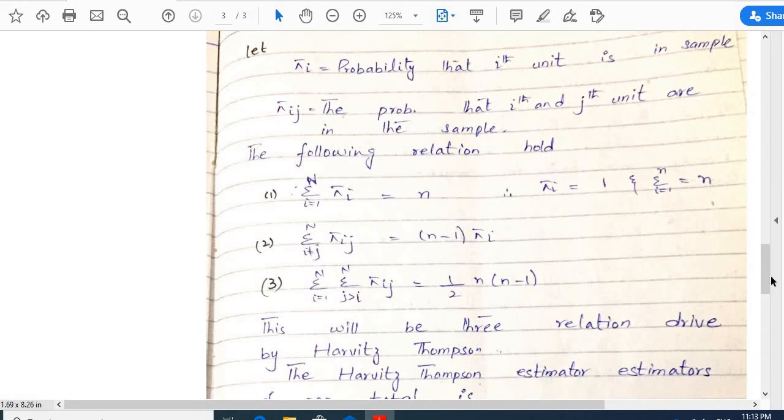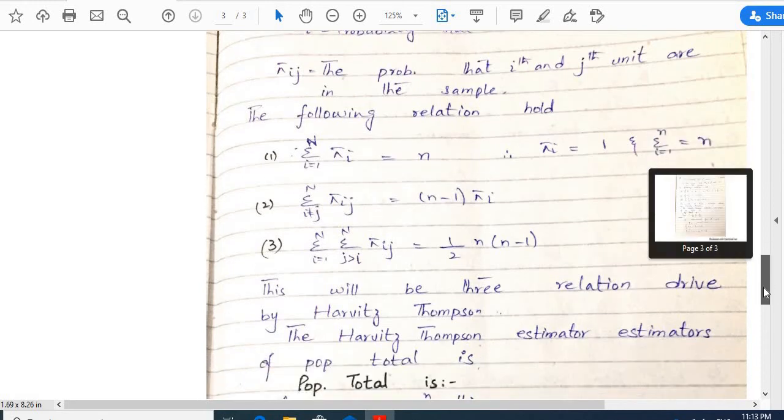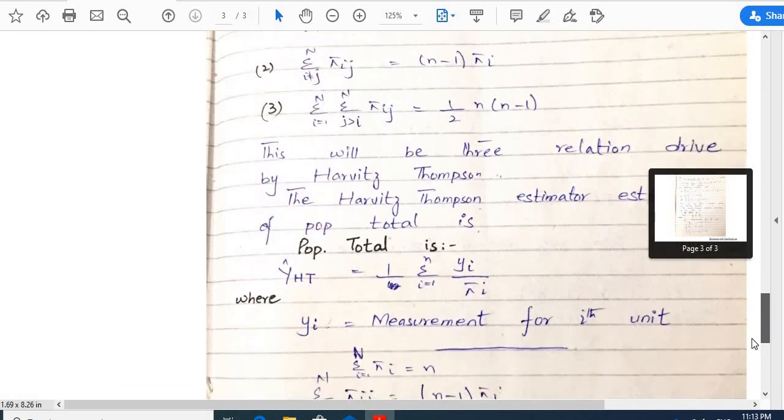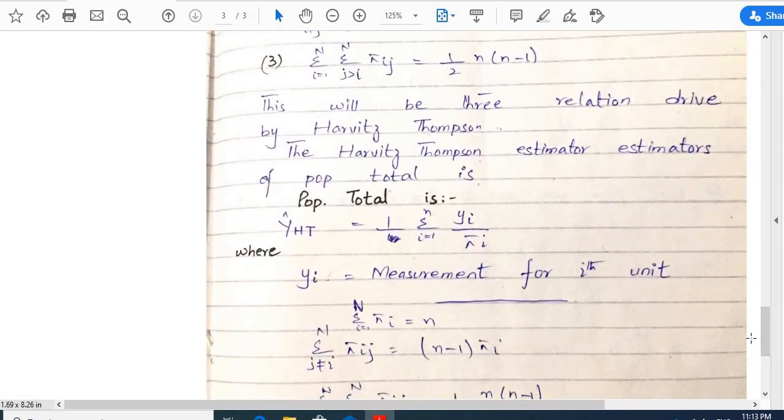The Horvitz-Thompson estimator of population total is given here. Y hat HT is equal to the sum of i varying from 1 to small n of yi divided by pi i, where yi is the measurement of the ith unit. Sum of i varying from 1 to capital N, pi i is equal to small n.